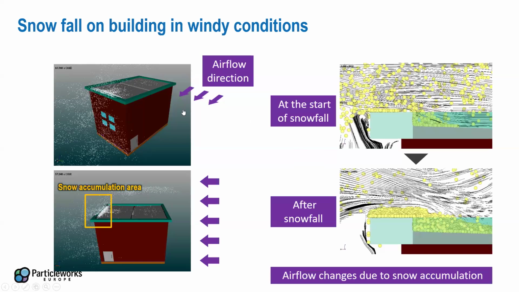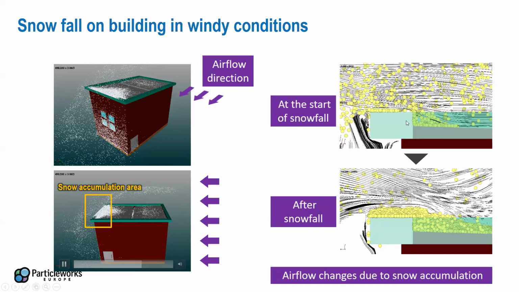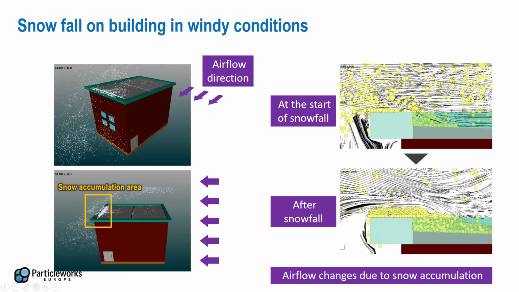Still on the coupling and on the snow modeling, here we have an airfield, so a very strong atmospheric event where snow is dragged around by the wind. And as you can see on the right, we have the airfield that is impacted by the accumulation of the snowflow.